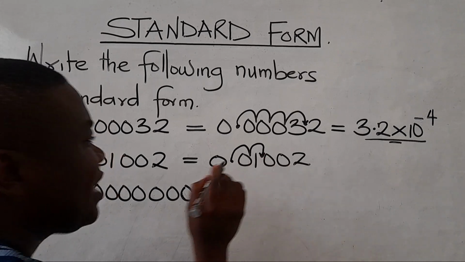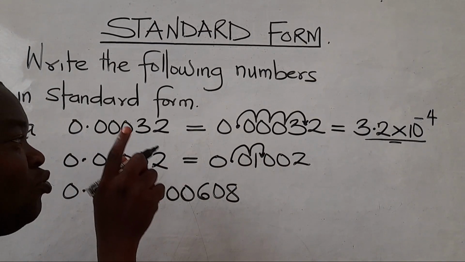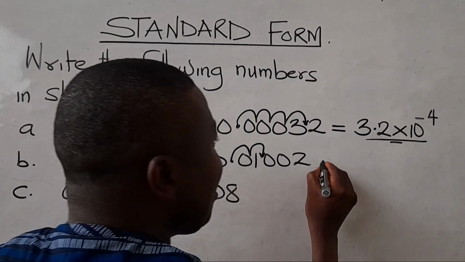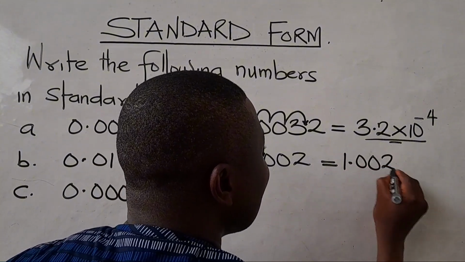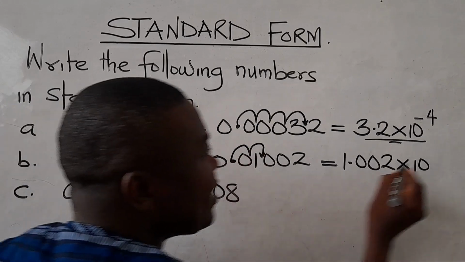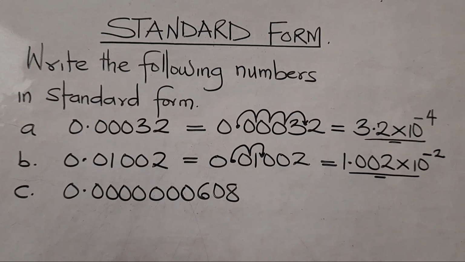It stops here because after scanning through to a non-zero number, it stops. So our answer becomes 1.002 times 10 to the, how many times do we jump? 1, 2, twice. Negative 2. That is the answer. You stop after reaching a non-zero number.